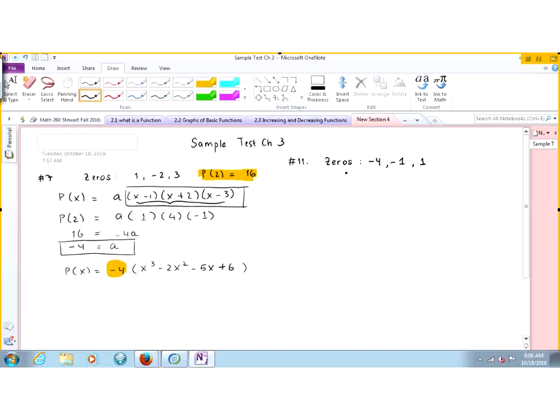You think the leading coefficient is positive or negative? Leading coefficient is positive. Why is it positive? Because of the end behavior, it starts low and ends high. Yes. So that's what you know so far.